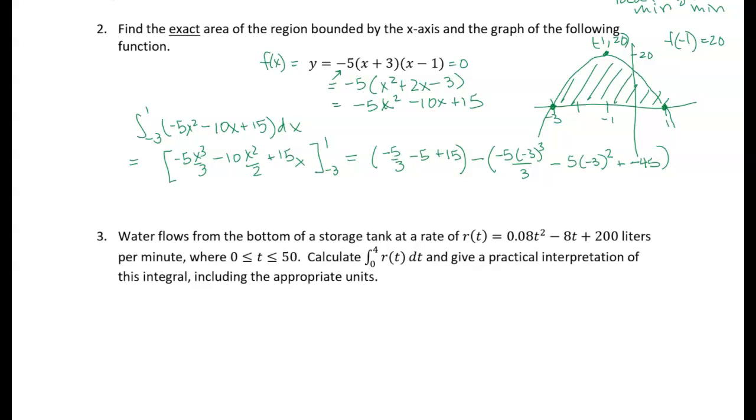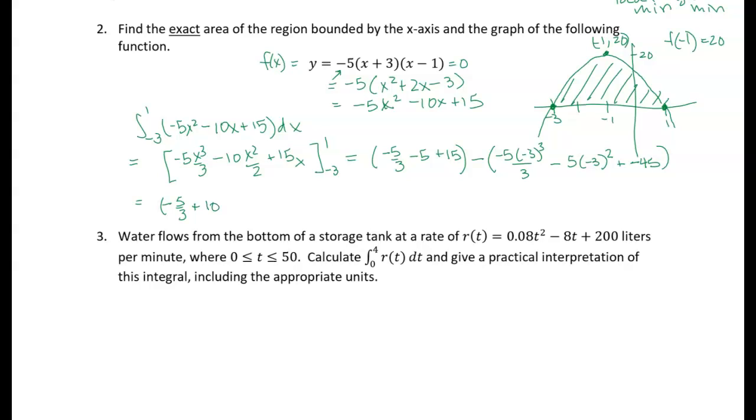All right, we got to get the exact answer. So, I mean, I could just put this in my calculator, but I get a decimal. So if you want an exact answer, we got to do the arithmetic. Got to remember how to work with fractions and all that. So I'm just going to slowly take this and simplify it. I'm going to leave the minus 5/3 alone. I can combine the whole numbers, so I get plus 10.